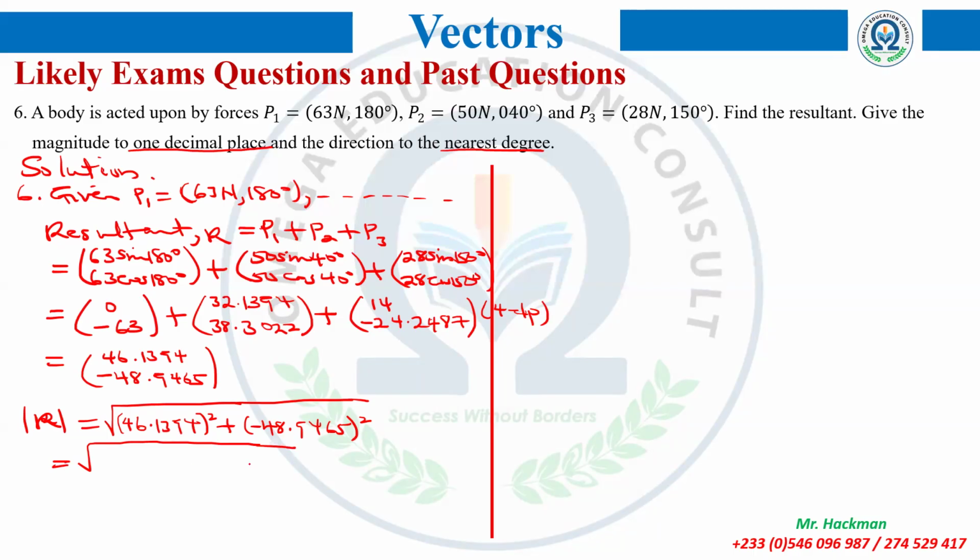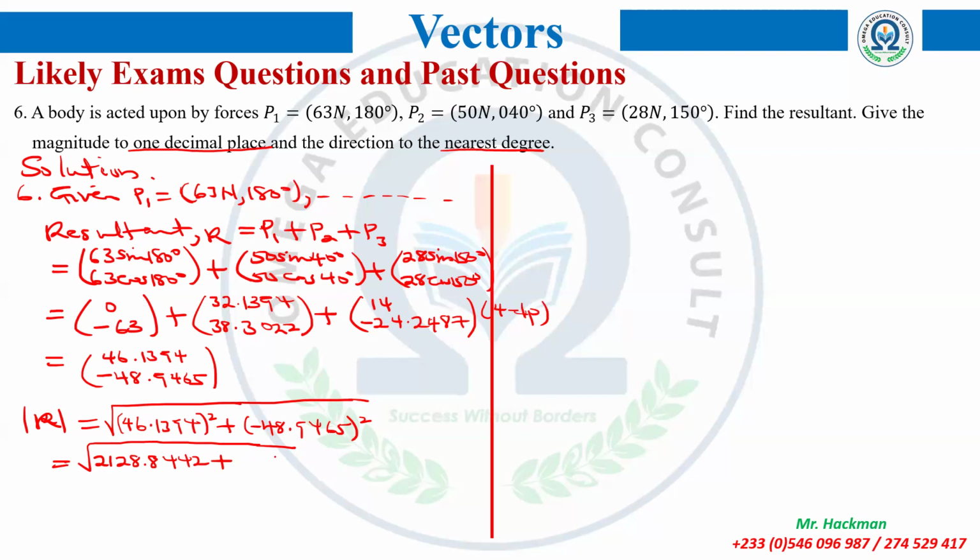Let's first of all deal with the squares. Later, if you want to use a calculator to do everything, you do so. 2128.8442. Plus, no, it cannot be minus.